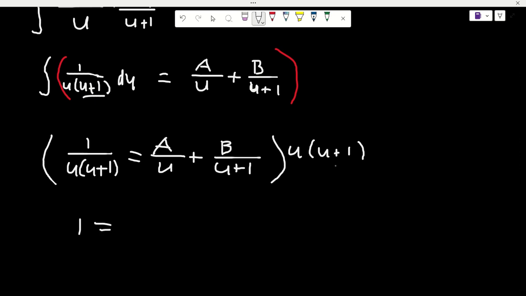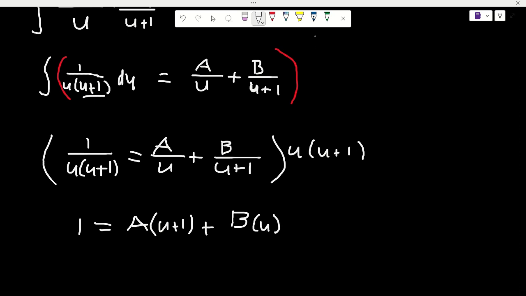For the a term, u times (u plus 1) is multiplied by a over u, so canceling u, we have a times (u plus 1). Then here we will have plus b times u.